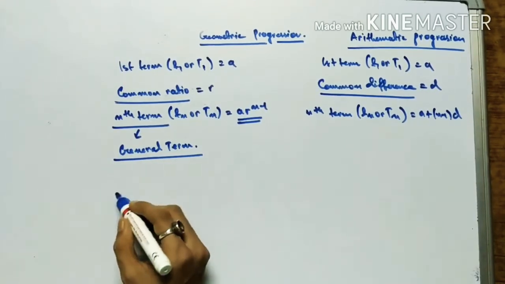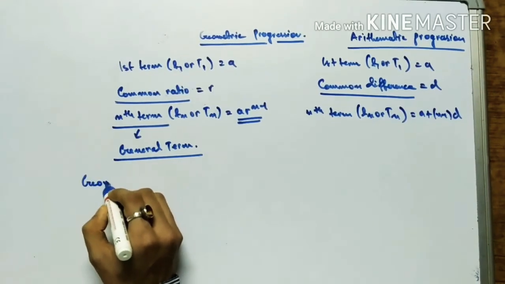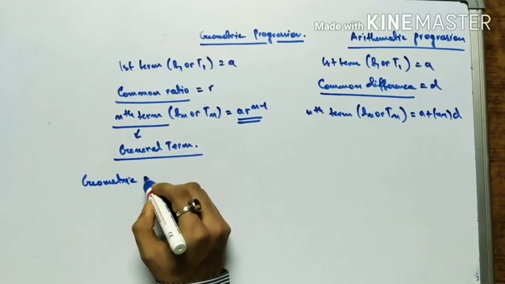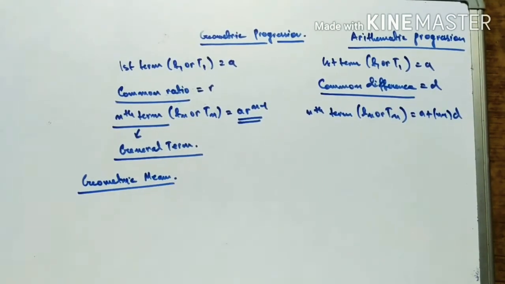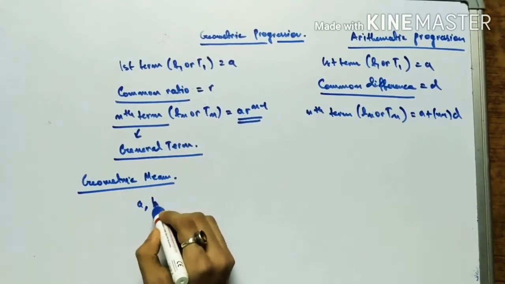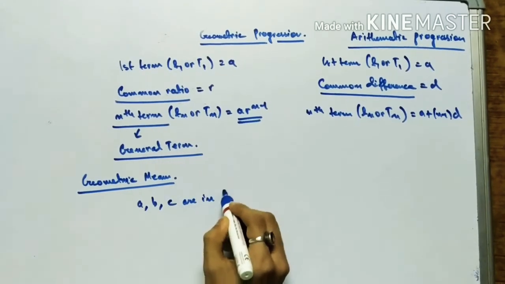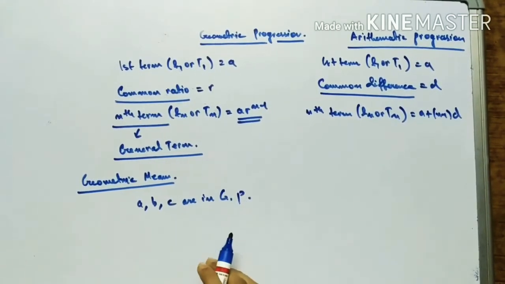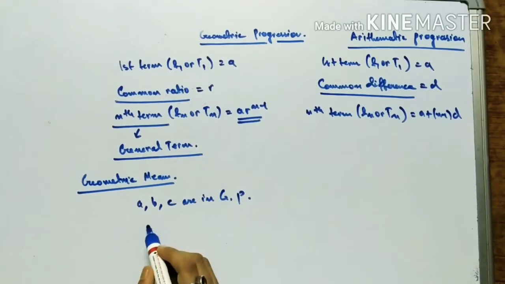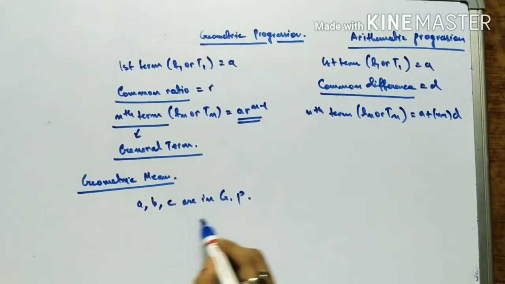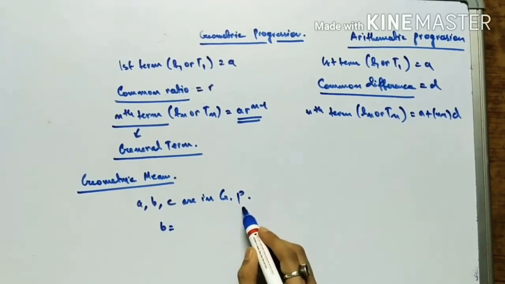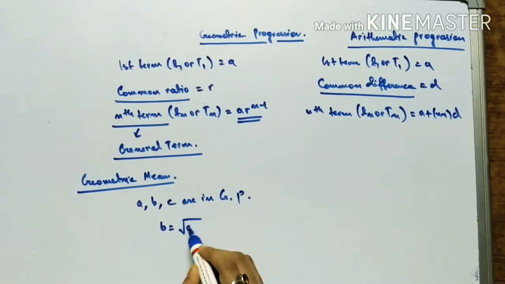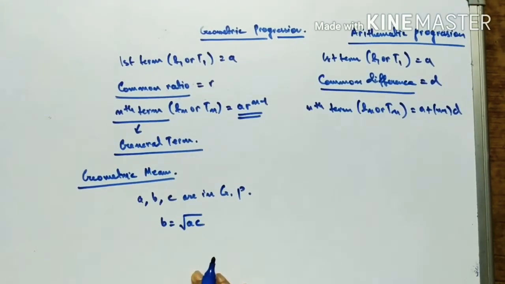Next you see geometric mean. If A, B, C are in GP, then I can say that B is equal to root over AC.